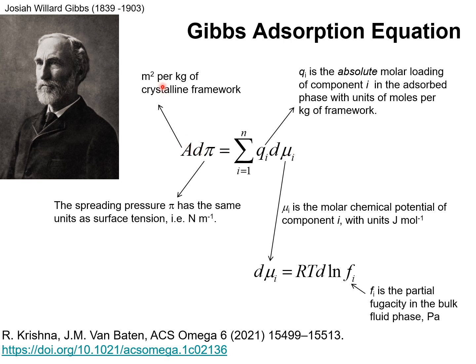A is the specific surface area, and pi is the spreading pressure, in units of newtons per meter. At thermodynamic equilibrium, the differential of the chemical potential of component i is related to the differential of the partial fugacity in the bulk fluid phase by this expression.